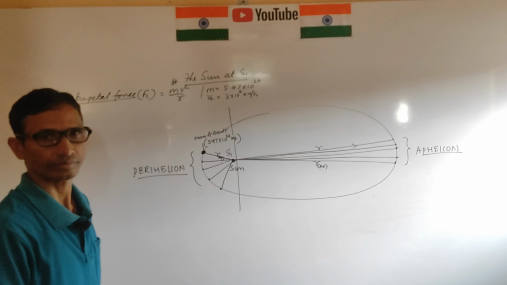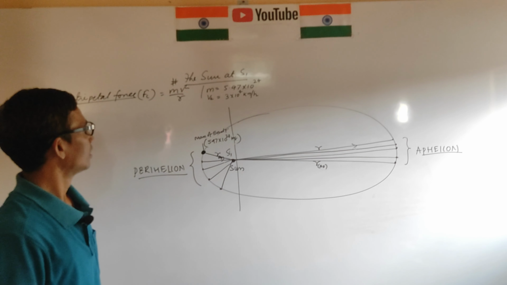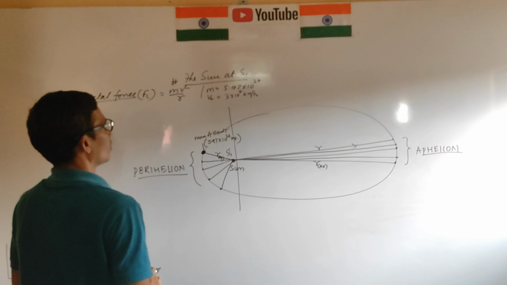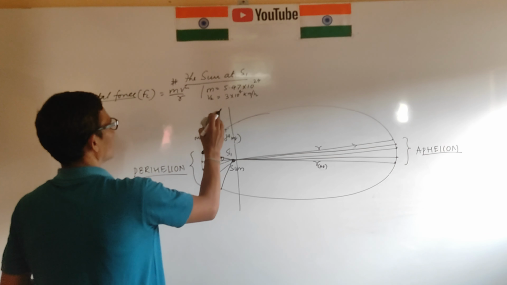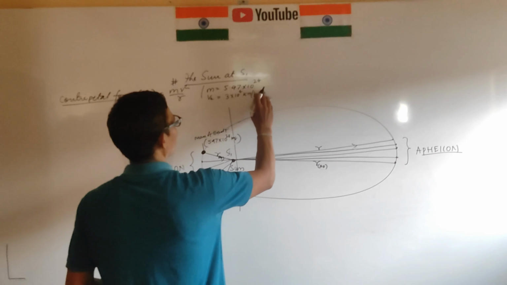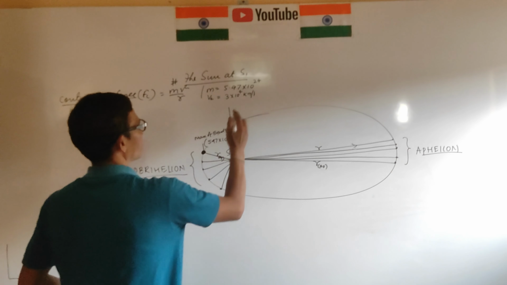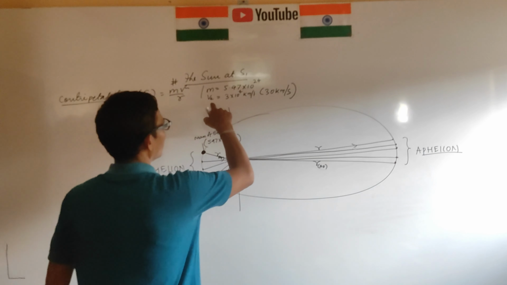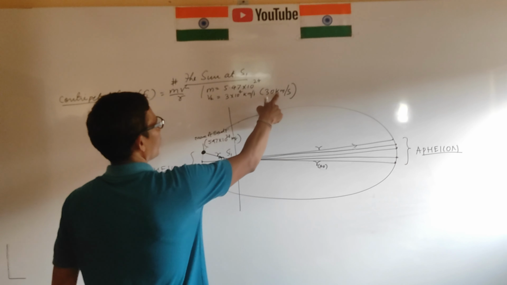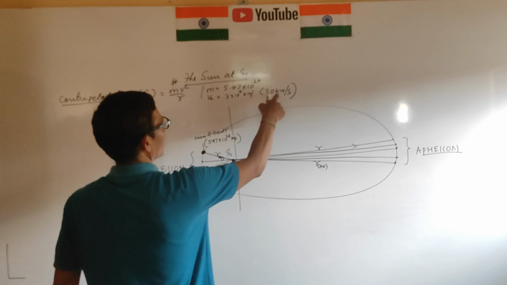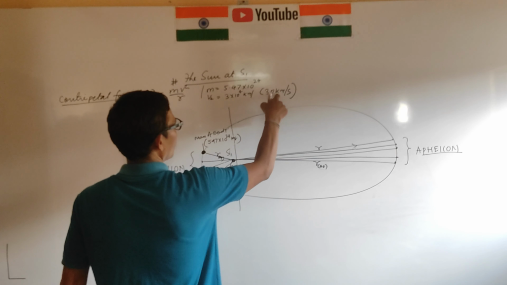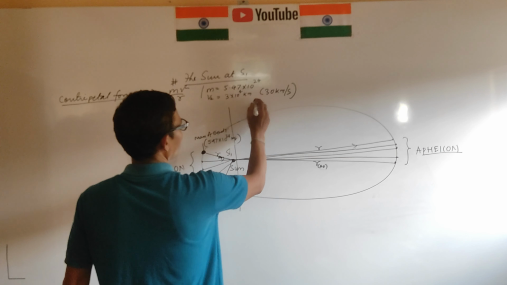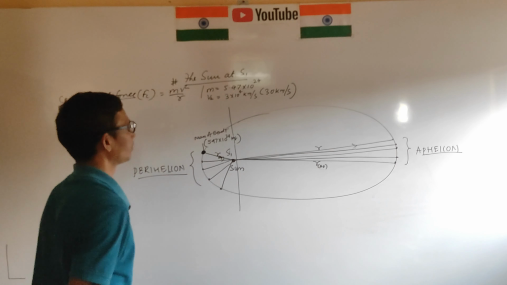Okay, that is, this is kilometer per second. Per second, how much kilometer? 30 kilometer per second.